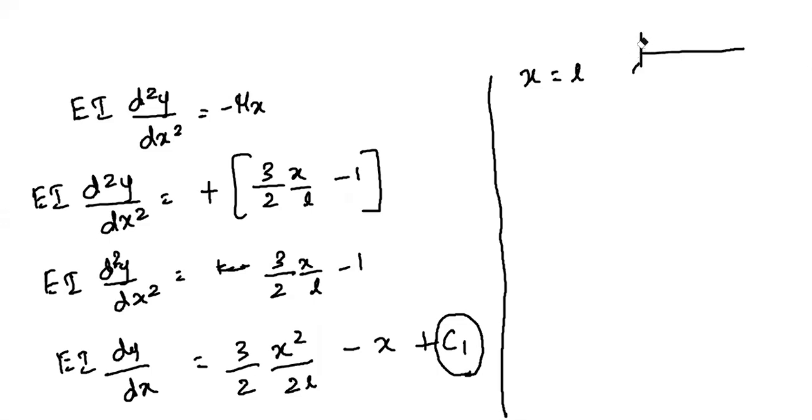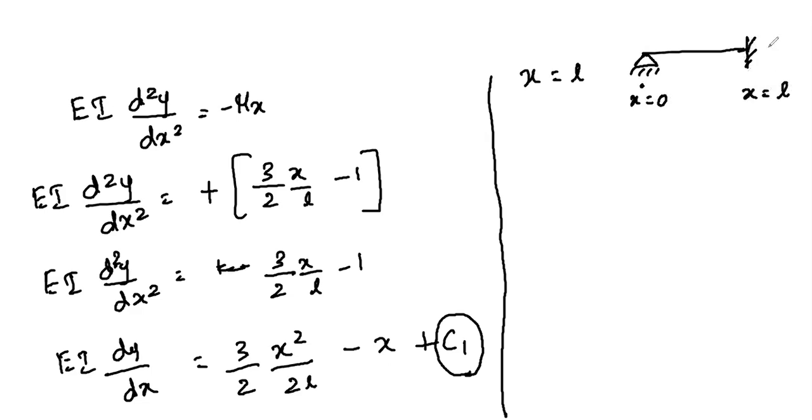Okay, now here it is simply supported condition. So you know we are measuring the value of x from this point. So here the value of x will be equal to 0. Here the value of x will be equal to L.